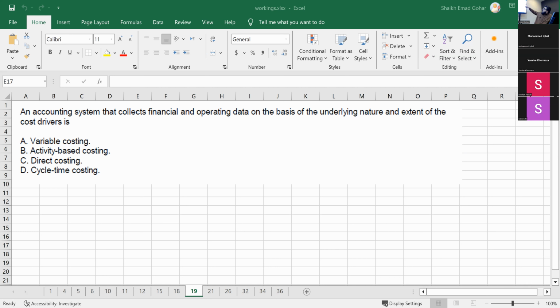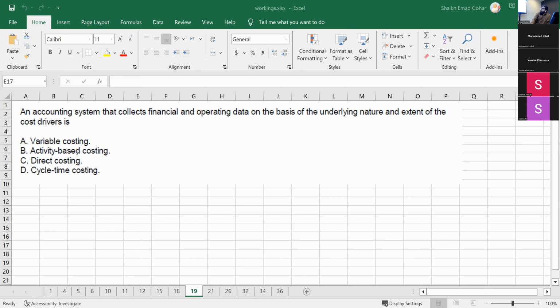Because they are saying on the basis of underlying nature and extent of the cost driver. What is the underlying nature of the cost driver? Is it quality control? Is it material movement? Is it labor? We need to find out. So that is done only by which method? Activity-based costing. Clear, everyone?